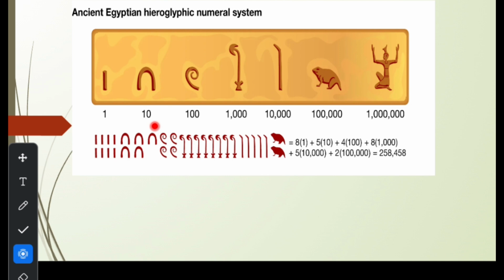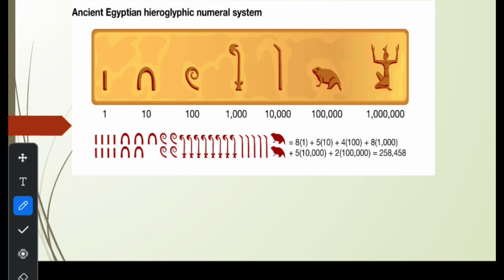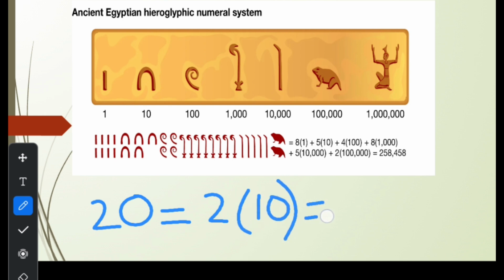If someone had to express any 2-digit number, for instance 20, they needed to draw 2 humps like this. 20 is basically 2 tens, so they needed to draw 2 humps.